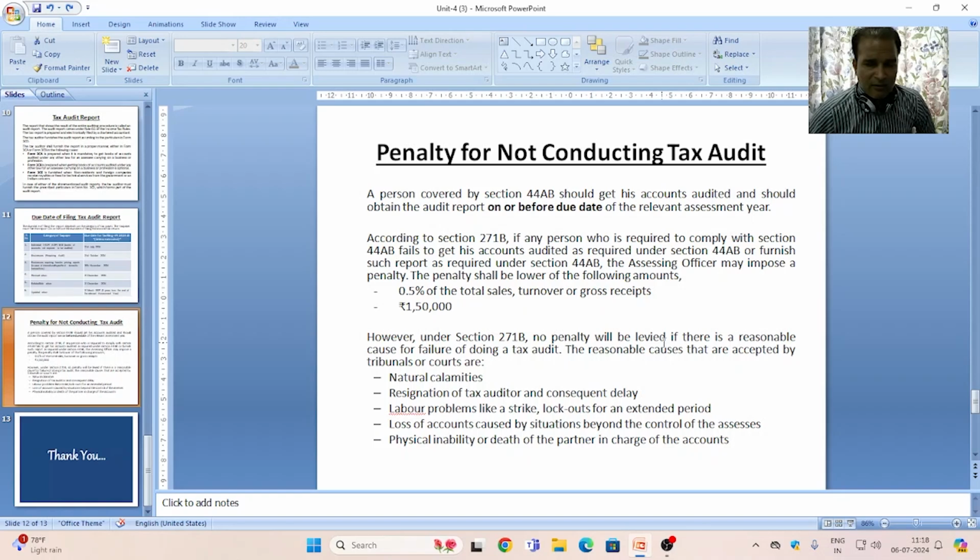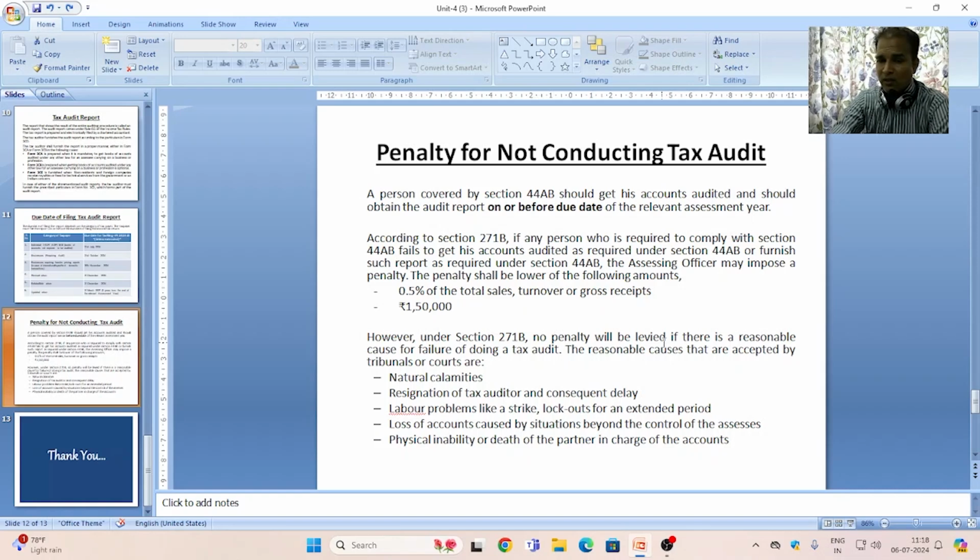The SSC attracts the penalty if he doesn't conduct the tax audit when it is required by section 44AB of the Income Tax Act 1961. The assessing officer has the power to impose the penalty on the taxpayer for not conducting the necessary tax audit. What is the penalty?